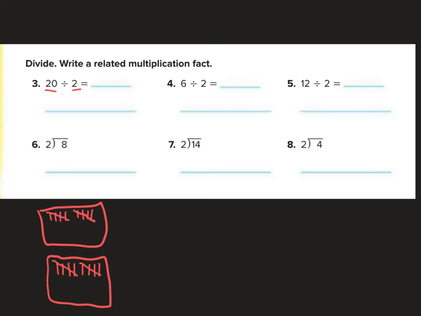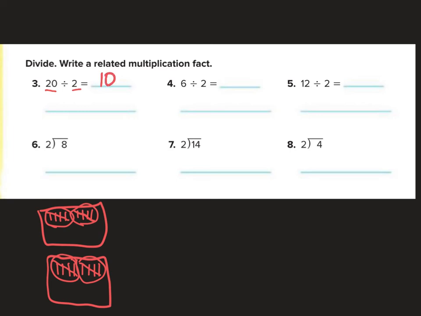I do 4 sticks and then a crossy because that makes it easier because we're counting by 5s, right? So I know that this is a group of 5 and I don't have to count it because if it's got a line crossing over, I just know group of 5. So I have 5, 10. So I have 10 in each group.